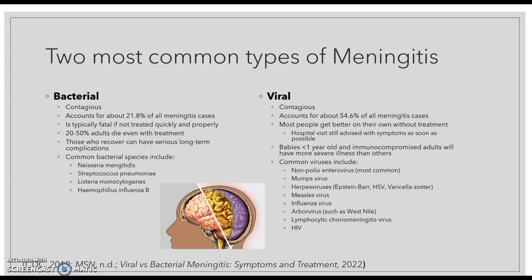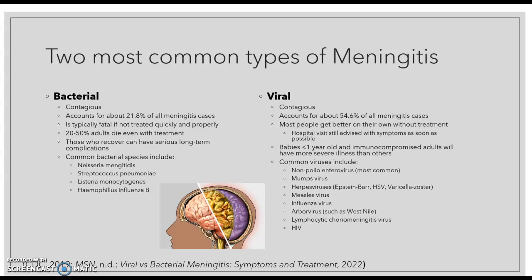The most common bacteria responsible for bacterial meningitis is Streptococcus pneumoniae, followed by Neisseria meningitidis, with other common bacteria being Listeria monocytogenes and Haemophilus influenzae type B. Even with treatment, as many as 20 to 50% will die, and those who recover from bacterial meningitis can have lifelong complications.